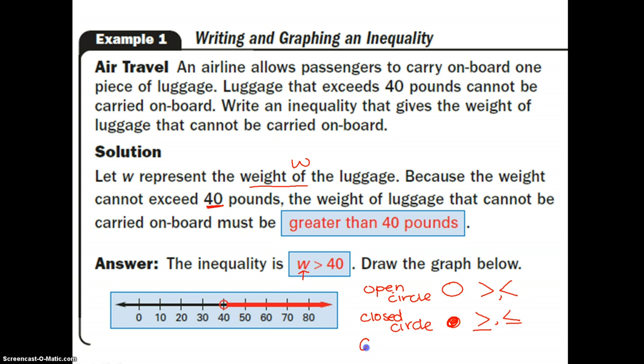The arrow represents the variable. W is greater than 40, so you want to go to numbers that are greater than 40. Let me go all the way over because it can keep going.